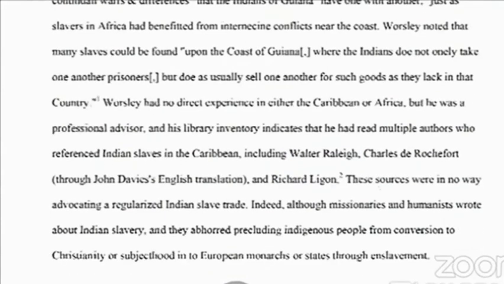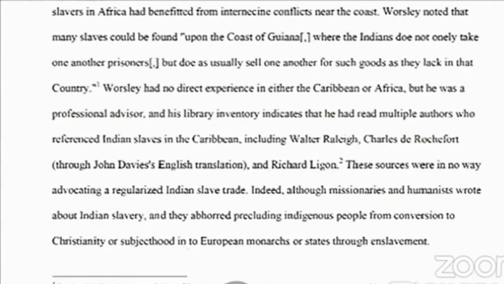These sources were in no way advocating a regularized Indian slave trade. Indeed, missionaries and humanists wrote about Indian slavery, and they abhorred precluding indigenous people from conversion to Christianity or subjecthood in the European monarchs or states through enslavement.